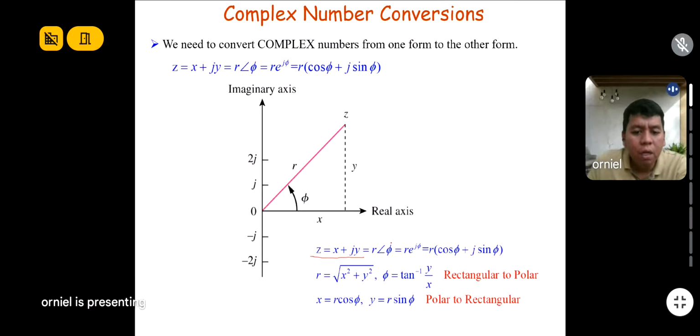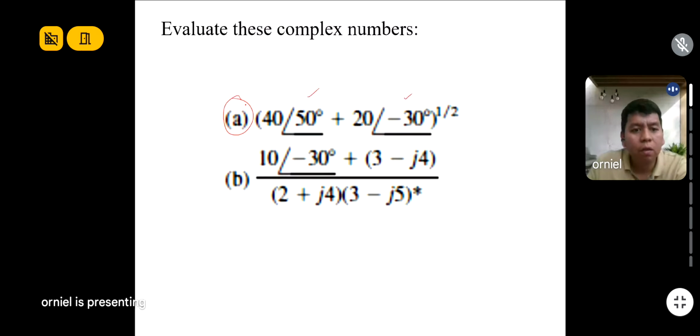If you have the given like this, how do we convert it into rectangular form? We convert using this formula: R cosine theta plus J sine theta.